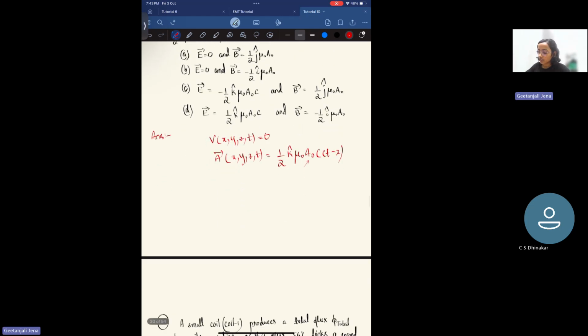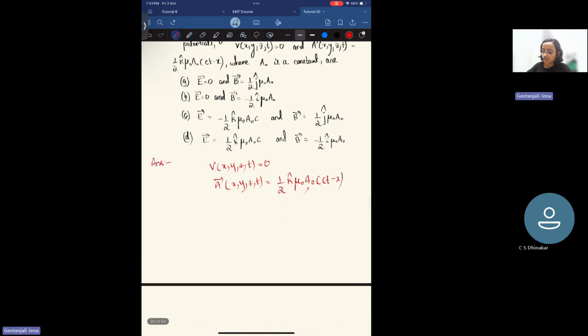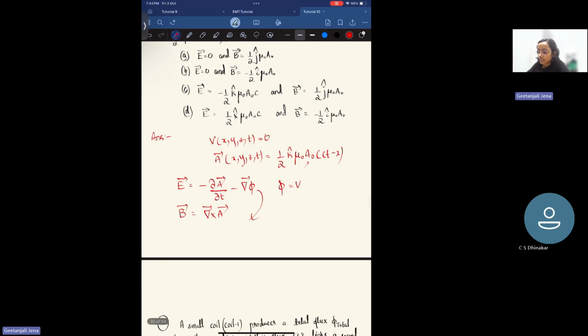If you recall, in our introduction part, we have seen if the curl of E is not 0, then we can write electric field is minus dou A by dou t minus gradient of the scalar function, and B is always curl of A. Let us see the first one. The scalar function V is given as 0.